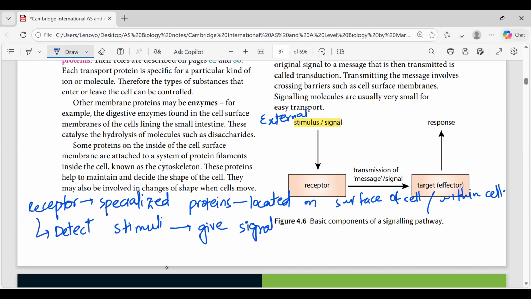They receive and interpret signals, basically for external and internal stimuli. They will detect the stimuli. You can write till this.